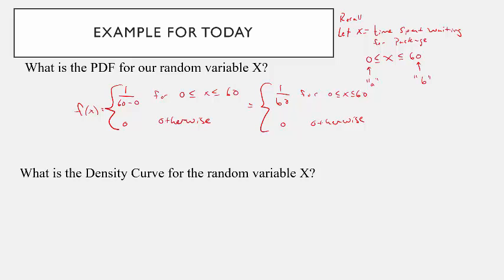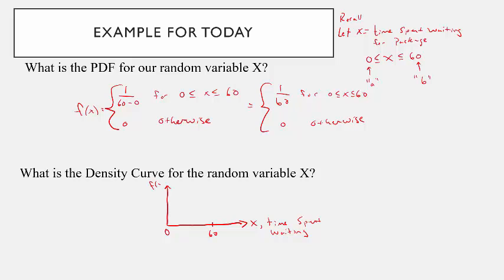All right. Now what does the density curve look like then? The horizontal axis is x. And what is x? It's the time spent waiting for the package. And we know the possible values. It's between 0, here's 0, and here's 60.